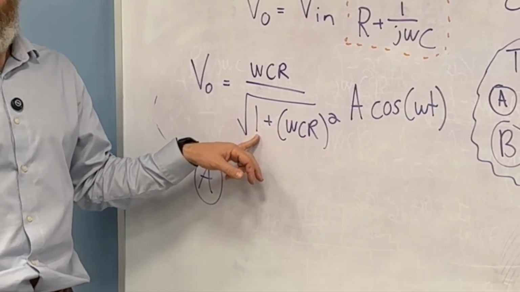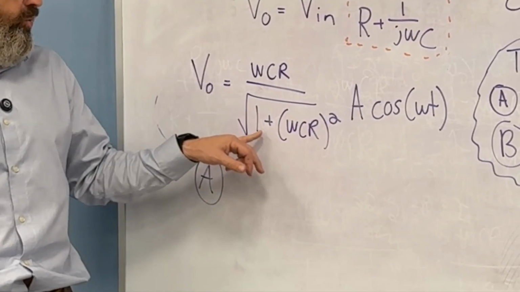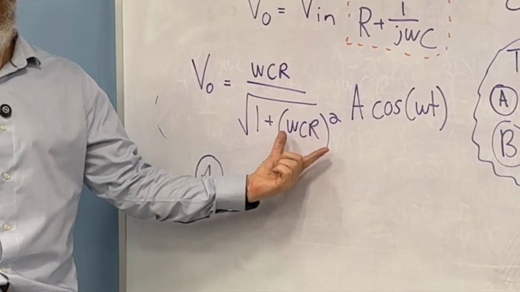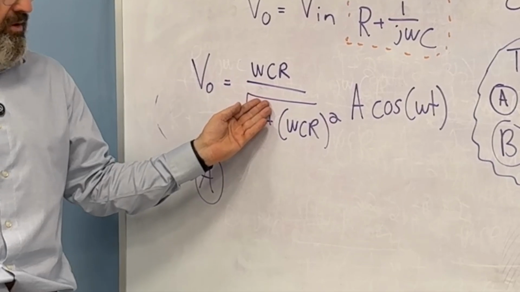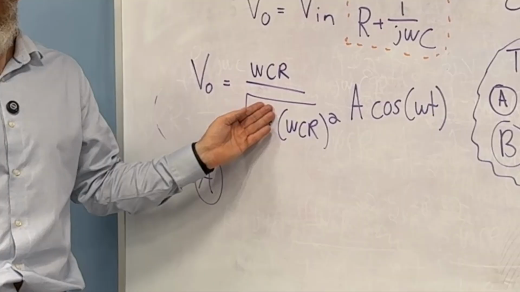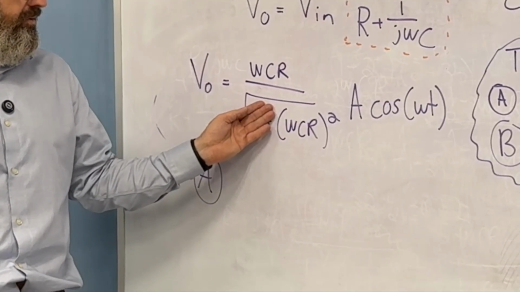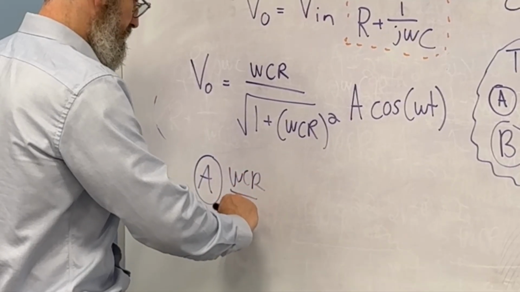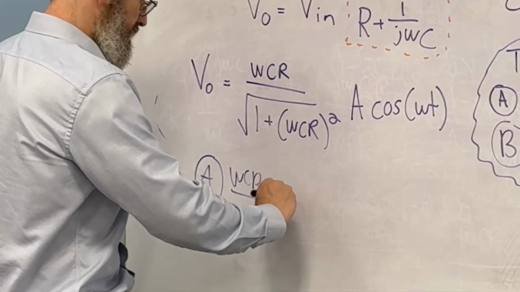When I add 1 to a billion squared, the 1 doesn't add anything. This 1 doesn't matter. It is to be ignored. So this is really the square root of WCR squared. But that's just WCR over WCR. And that's just 1.